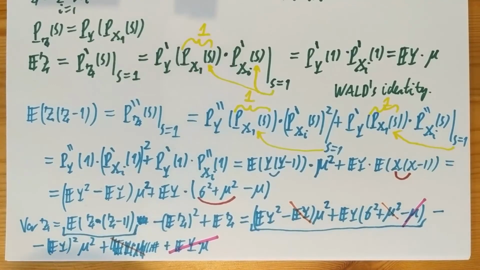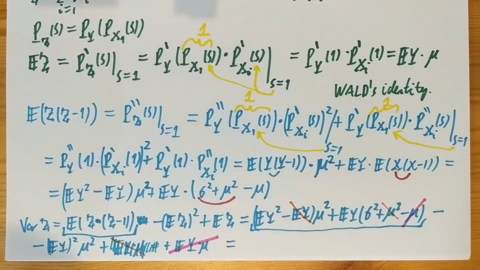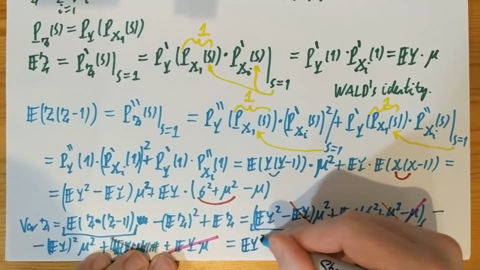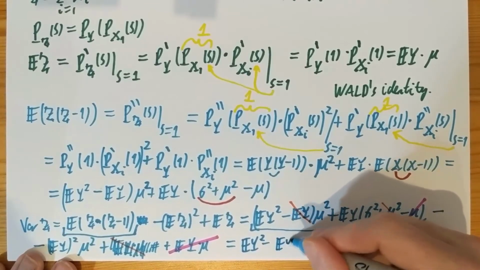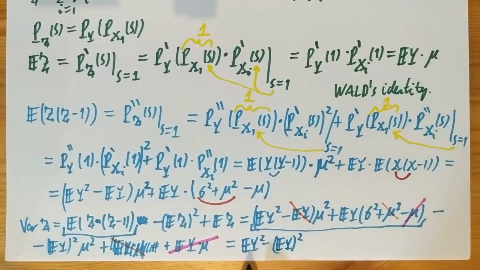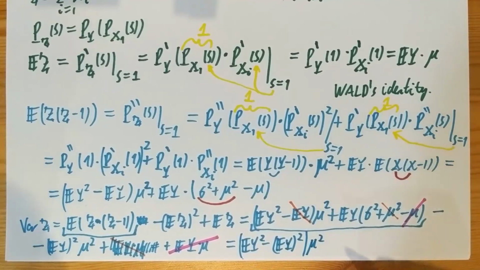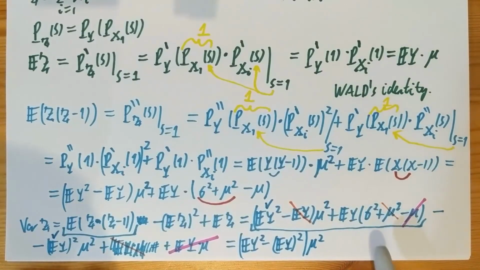And so what I'm left with is, let's collect the mu square terms here, the mu square terms here, E of Y square times mu square and E of Y whole thing squared. The difference is, of course, that Y square is in the expectation here and it's out of the expectation there, times mu square. So this is this term and this term.